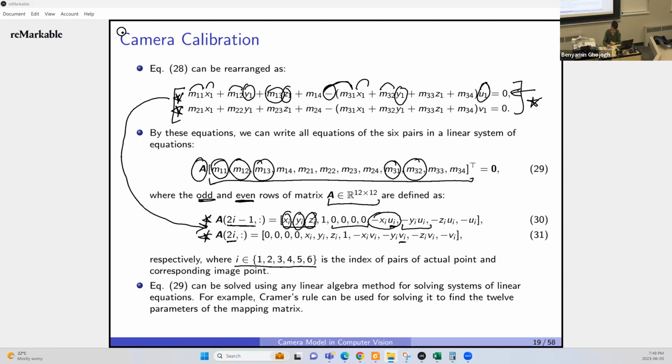Then you write it as a system of linear equations where the unknowns are M11 to M34. And then you solve it using any linear algebra method that you know, such as Cramer's rule. There are some other methods too, such as singular value decomposition. You can take a look at these. This is out of the scope of this course. These are in linear algebra. I think the simplest one is Cramer's rule.